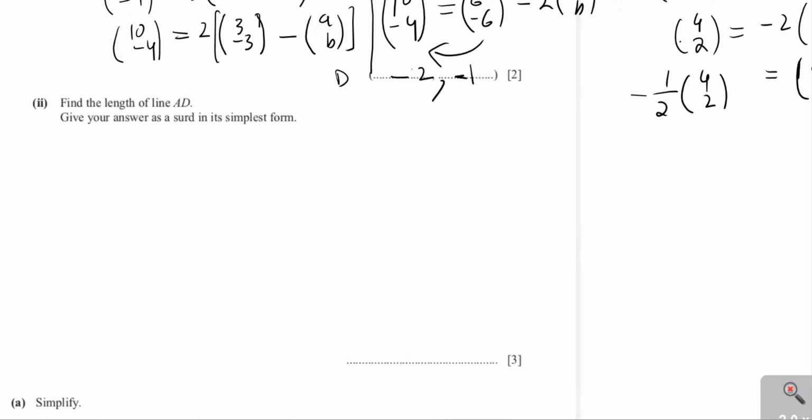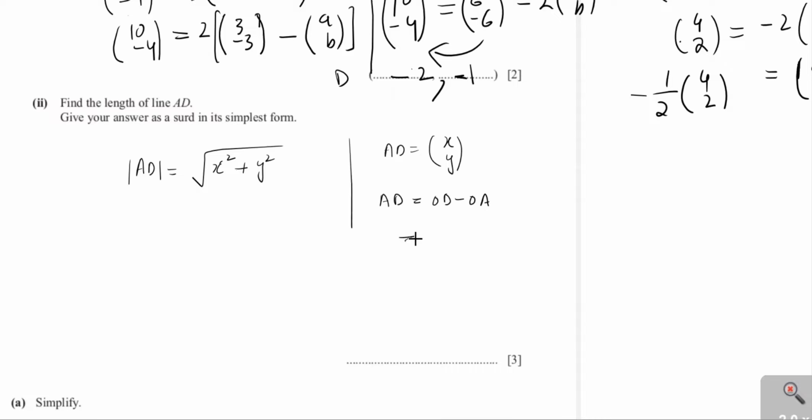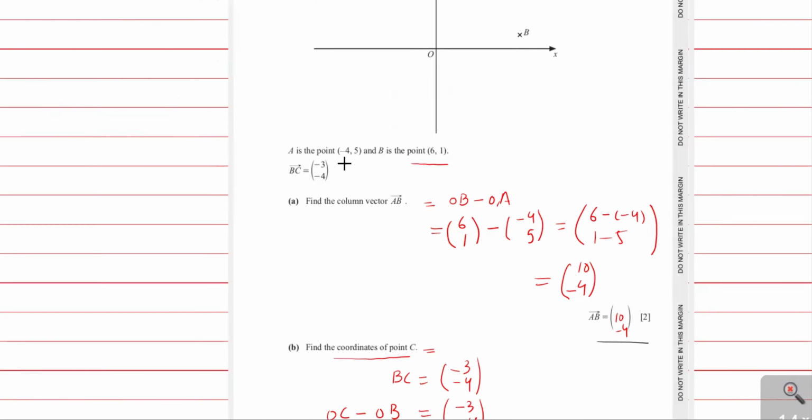Next part, second, find the length of AD. The length of AD will be equal to the square root of x squared plus y squared. Here the x and y are the coordinates of vector AD. To calculate AD, this will be equal to OD minus OA. Here OD is (-2, -1), and OA here is (-4, 5).